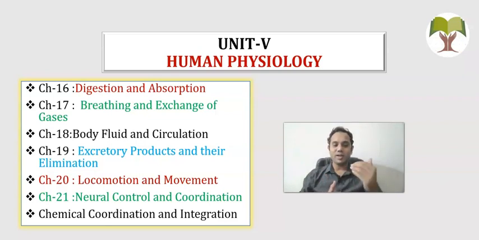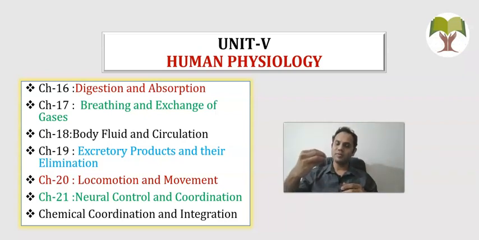Then in chapter number 19, you will have a different chapter, that is excretory products and their elimination. What we eat, the nutritional thing present in that food, is going to get assimilated in the body.